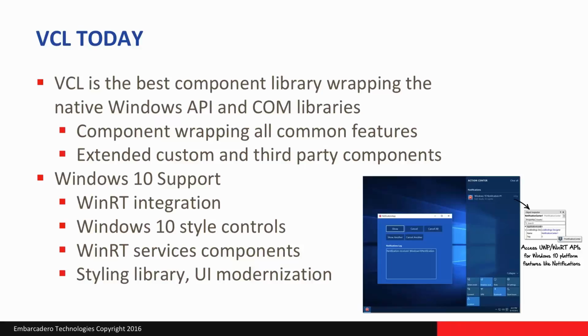This is especially important to note for C++, because there is no native Windows form technology out there, whereas the VCL provides you real Windows controls. They are the native Windows API controls, and of course you can write custom controls as well. We wrap all the common features and some uncommon ones as well, and of course we have complete access to everything under the hood.